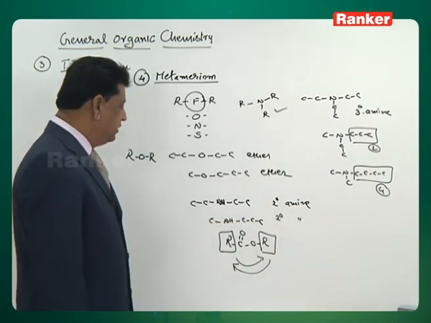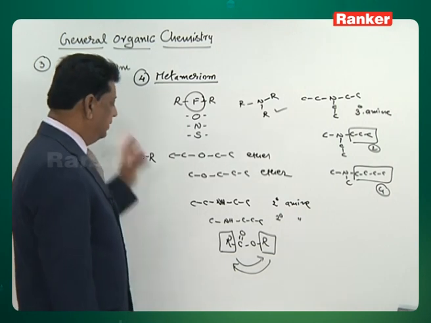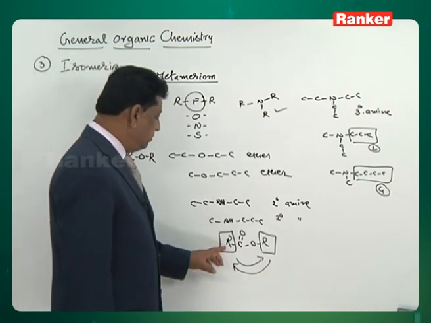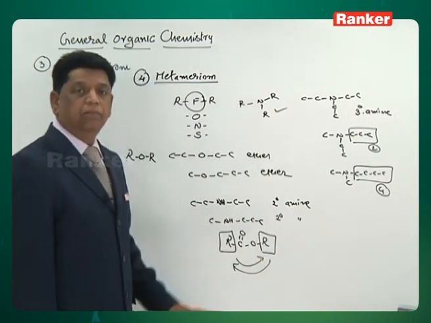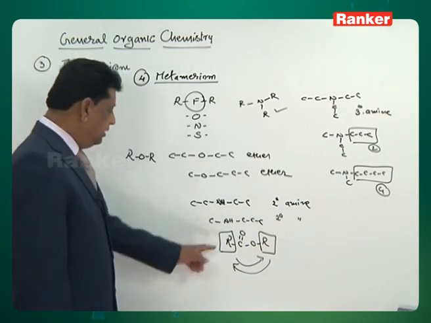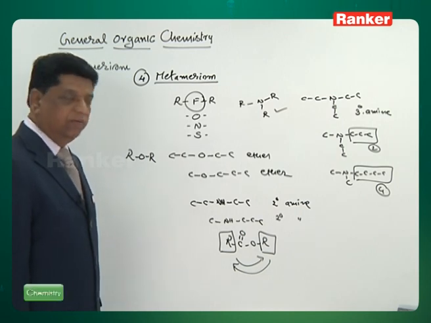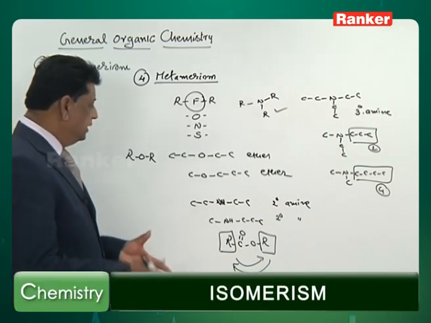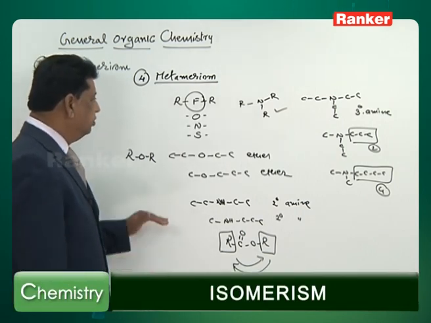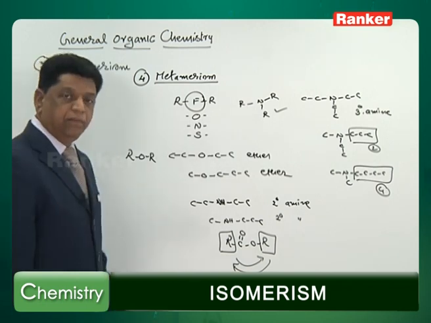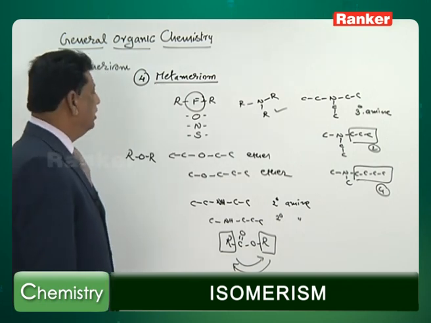So, this comes under metamerism. Jumbling of carbon from this side to that side will not come under chain isomerism, because 2 different chains are there. I am not changing one particular chain. Both the chains are exchanged with the carbon. So, this is another type of isomerism called metamerism.